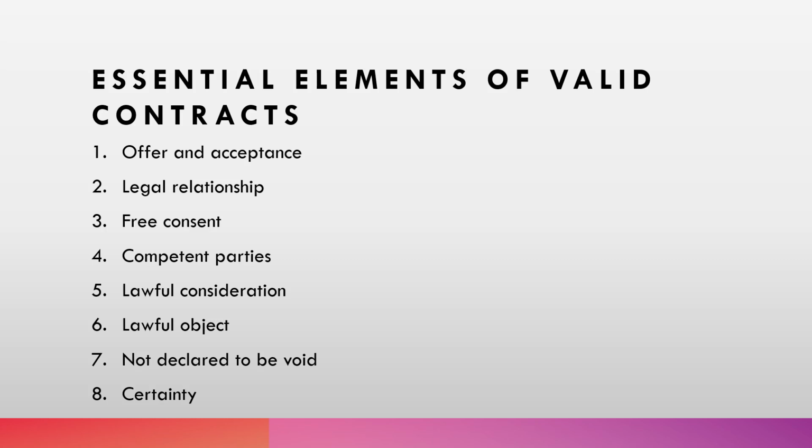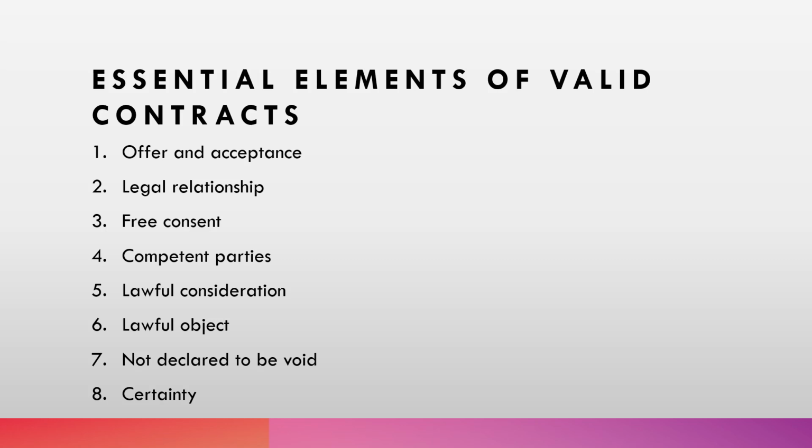Lawful consideration means all the contracts must be supported by consideration. And lawful object means the purpose or the design of the contract should be lawful. An object is said to be unlawful when it is banned by the law.